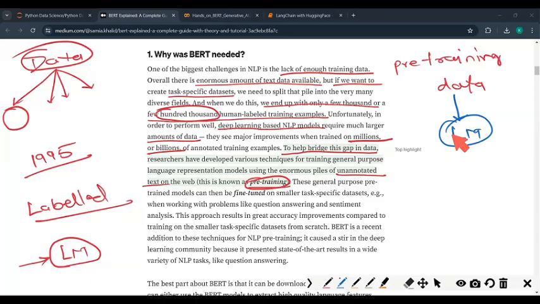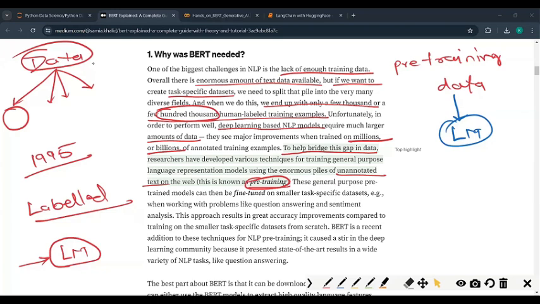So we give data to the language model, and if the data is not annotated, if it is not labeled, our language model should still be able to learn the overall idea about that data. When it has an overall idea about the data, it will be able to understand and find out the pattern present in the data itself. When all of the data, labeled and unlabeled, is given to the language model, that is what we call pre-training.